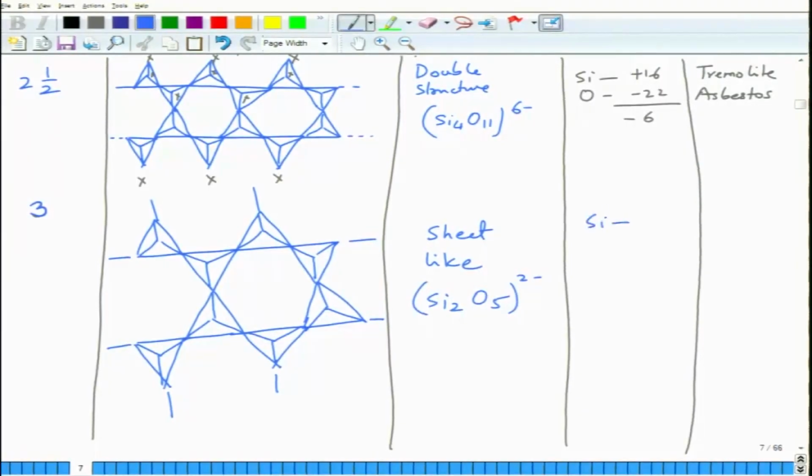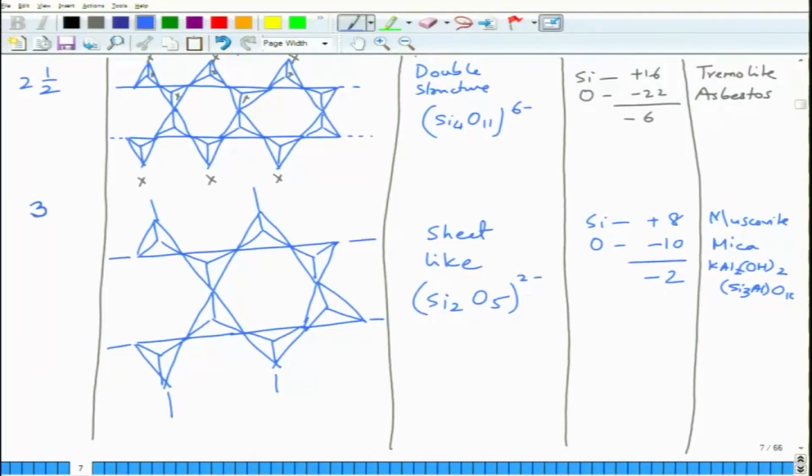So Si will be plus 8, oxygen will be minus 10, net will be minus 2. You can say muscovite or mica, which you might have heard of. This compound is KAl2(OH)2Si3AlO10, a complicated form of a sheet-like structure.